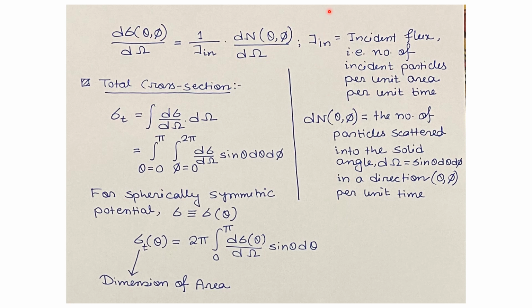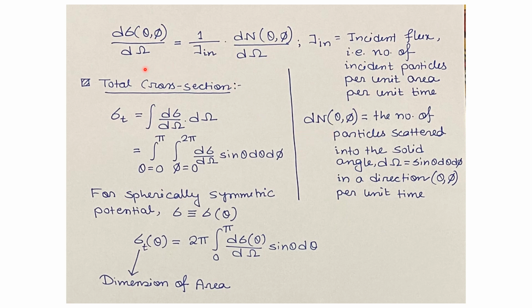Till now, we have already discussed the differential scattering cross section d sigma d omega in a scattering experiment, and also we have discussed the definition for the differential scattering cross section. From the definition, we can construct a mathematical relation between d sigma d omega, the incident flux, that is J in, and the number of particles scattered into elementary solid angle d omega, that is dn, as a function of theta comma phi.